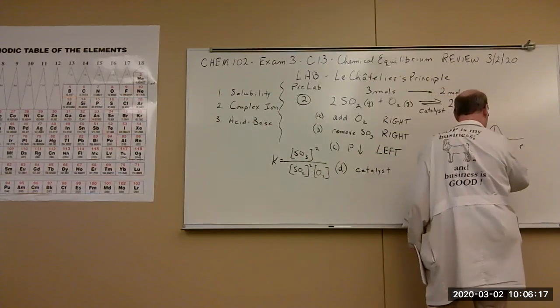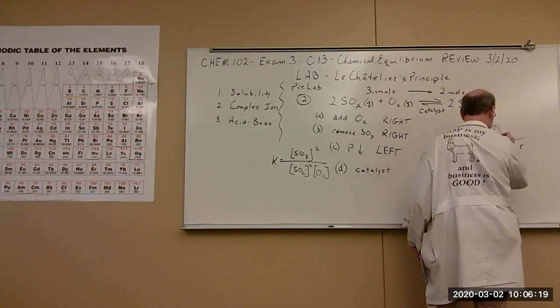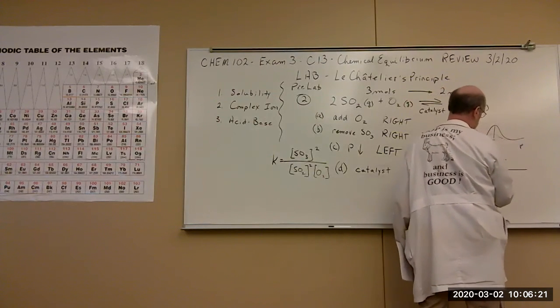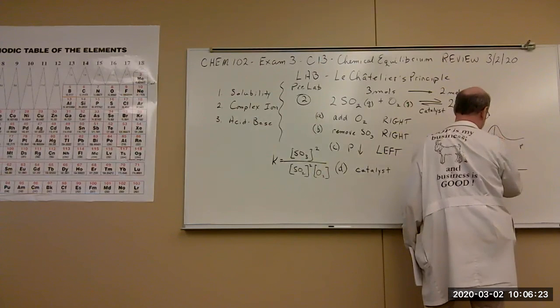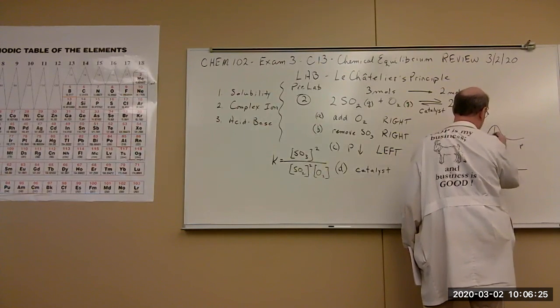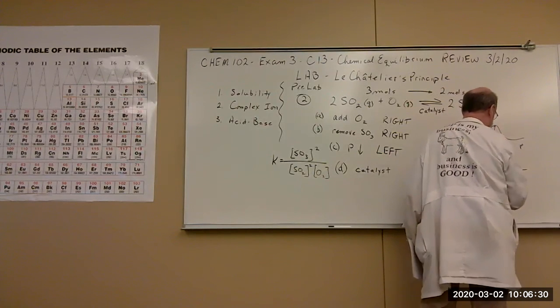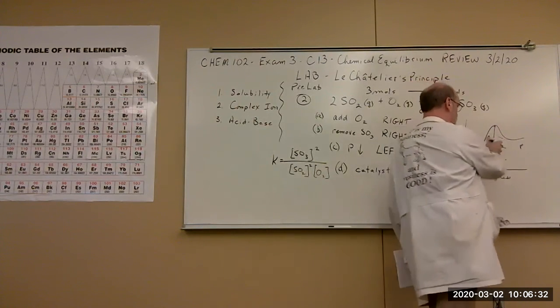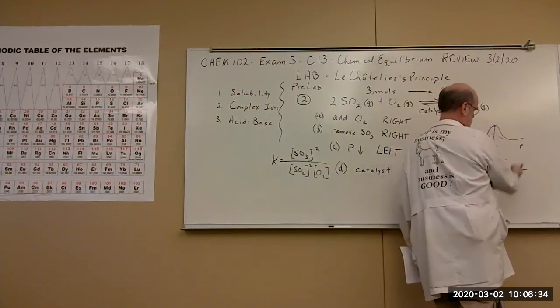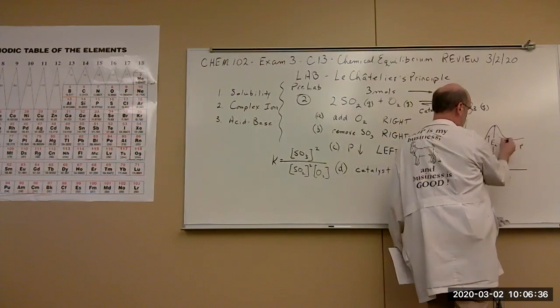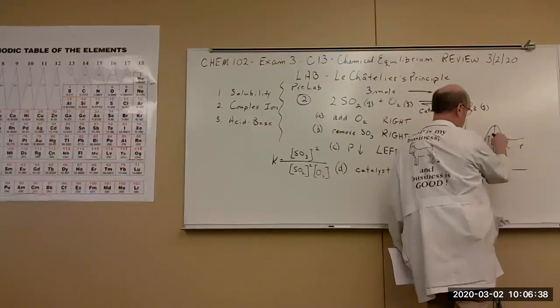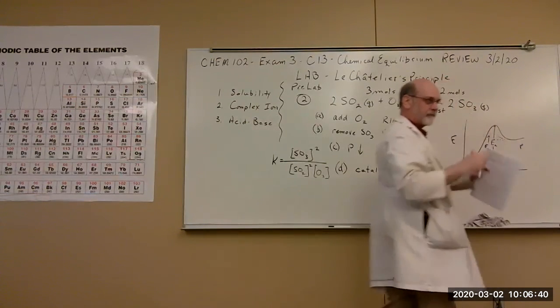With a catalyst, you go up here like this. So the activation energy with a catalyst is lower. So it affects both directions. If we want to go this direction, it takes just a little bit of energy to go up here. Okay. Yeah, all right.